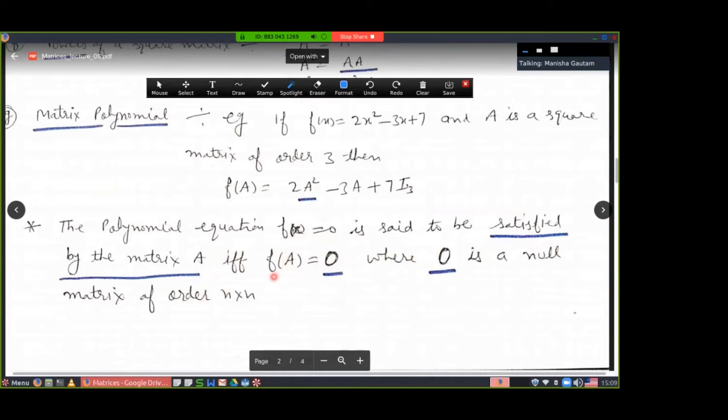It means when you put A in the place of x and the result is 0, I am talking about the zero matrix, because x is replaced by a matrix. For f(x) the answer is 0, but in the case of f(A) it is a zero matrix. When you put a matrix, the right-hand side will be a matrix, that is the zero matrix, where 0 is a null matrix of order n by n.